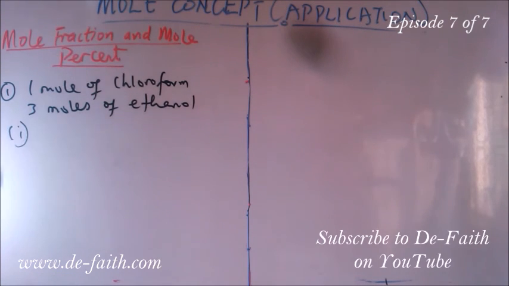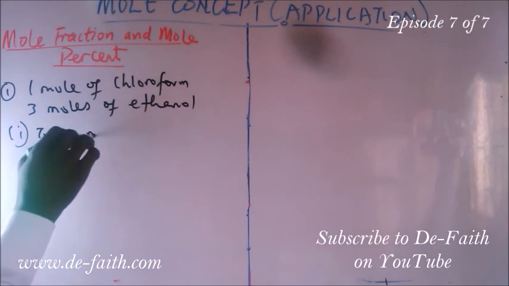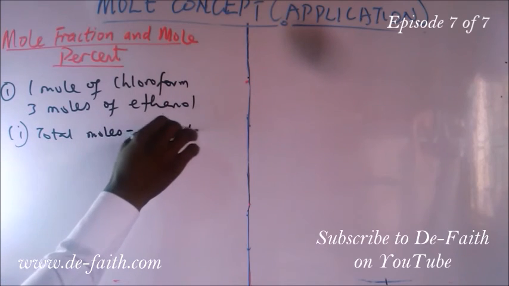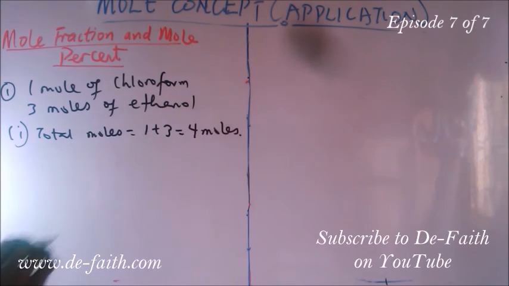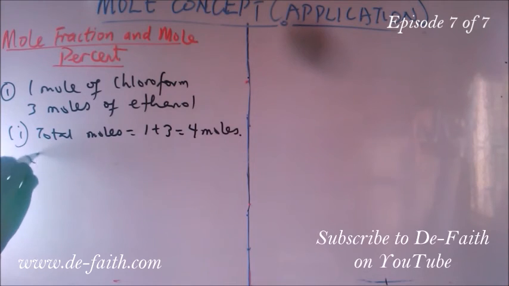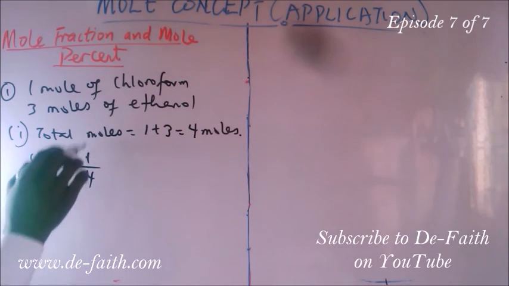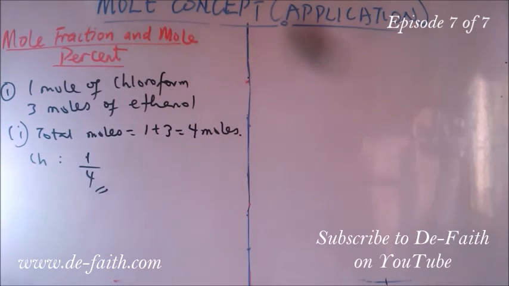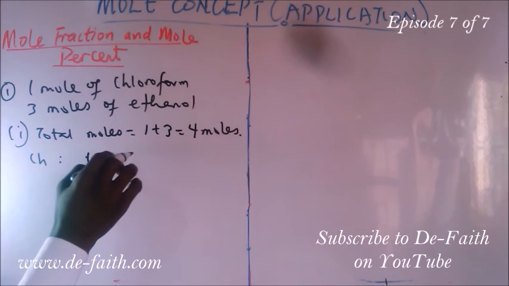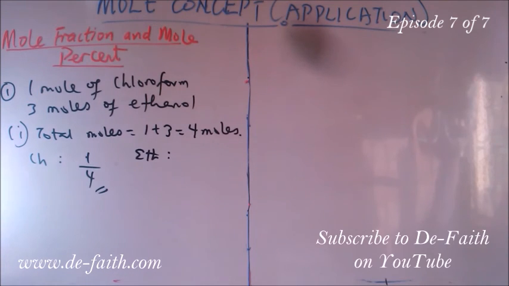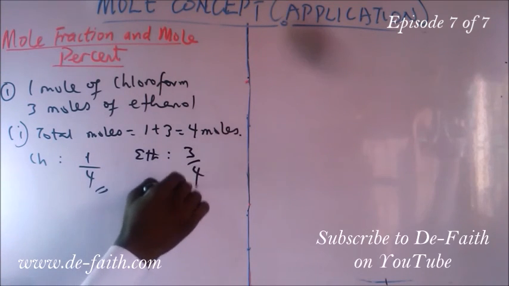So the first part of the question, total moles is 1 plus 3, and that is 4 moles. Hence, for chloroform, its mole fraction is 1 over 4. 1 is for chloroform over the total mole. That's the answer. And for ethanol, its mole fraction is 3 over 4.